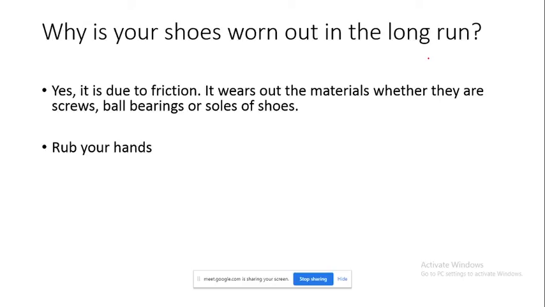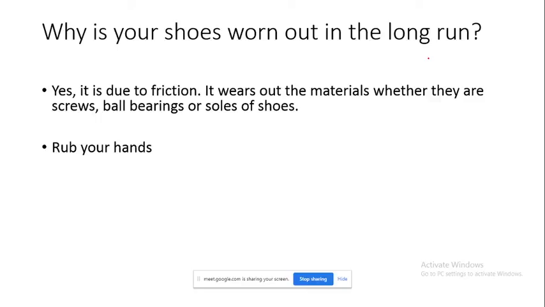Now we are going to do an activity. Rub your hands together and tell me what you feel. It will produce heat, ma'am. Hot, heat, yeah. Krishna Kumar, what do you feel? Warm.